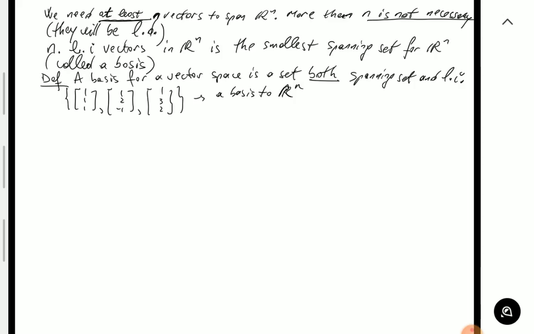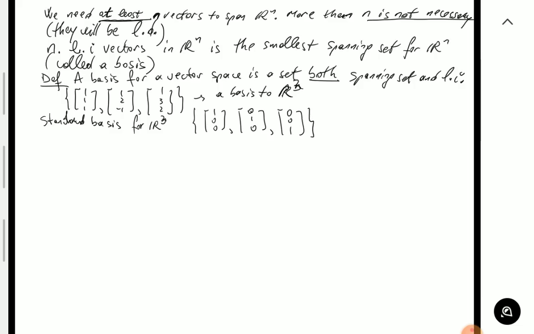Of all possible bases, the obvious and easiest one is the standard basis. So a standard basis for R3 is made of the so-called unit vectors that have 0 in all components except 1. Why is this the easiest possible basis?